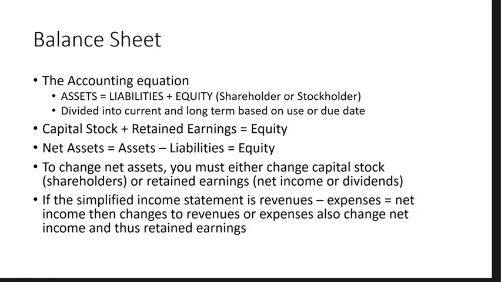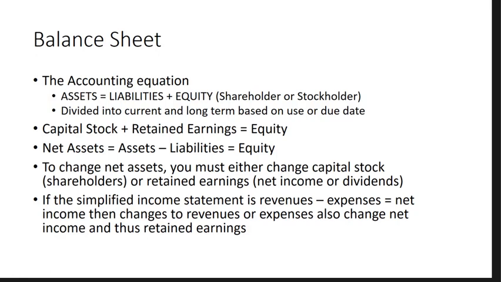On the balance sheet, we separate assets into current and long-term based on when they're going to be used. If they're going to be used in the next year, they're current. If use is going to go beyond 1 year, then they are long-term. Liabilities are also separated into current and long-term based on when they are due, when they're supposed to be paid.